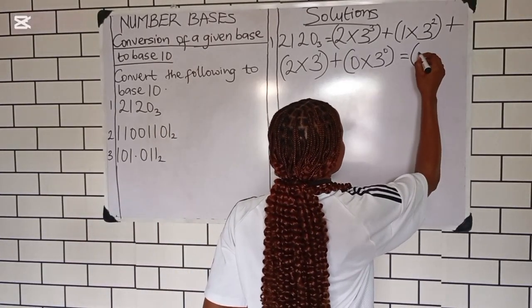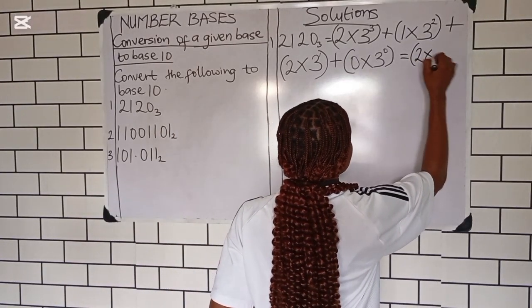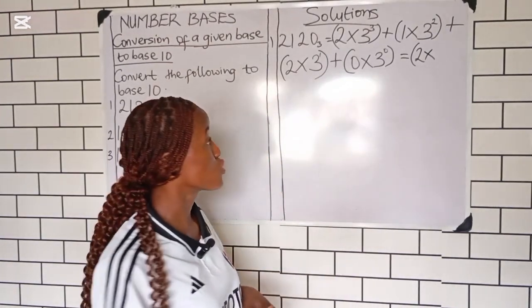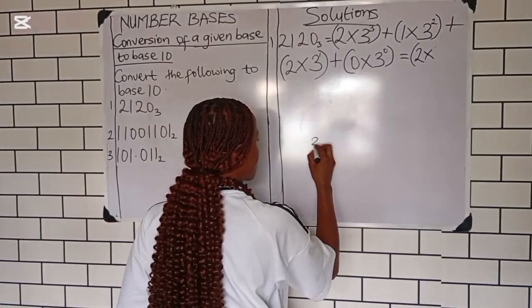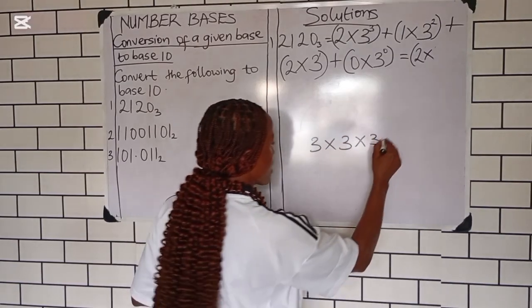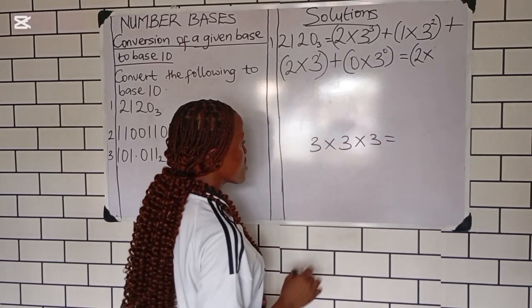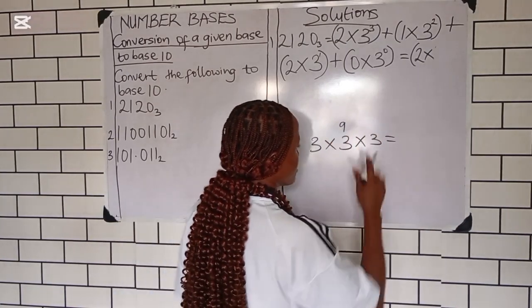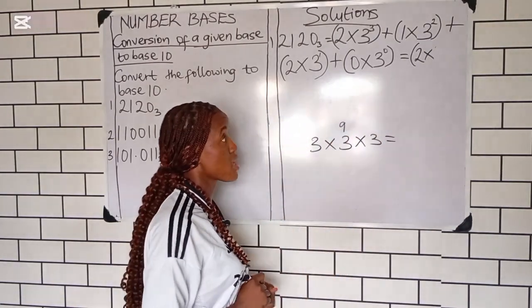This bracket 2 times 3 raised to power 3, the same thing as 3 times 3 times 3, which will give us 3 times 3 times 3. Now 3 times 3 here will give us 9. Have your 9 here. 9 times 3 here will give us 27.